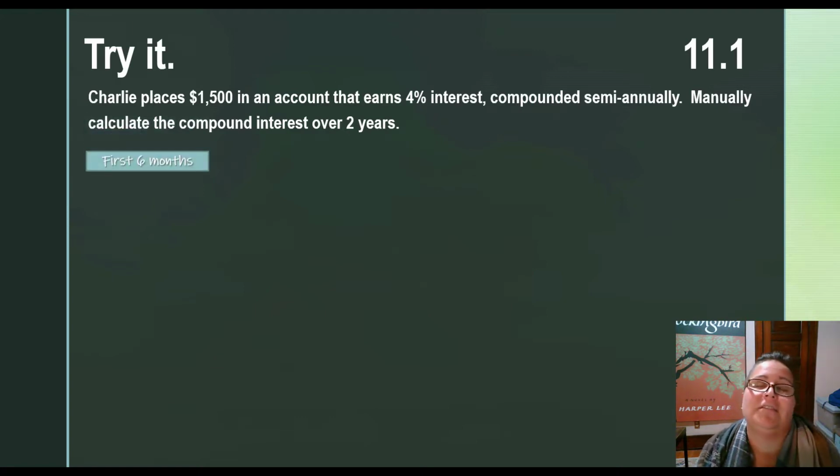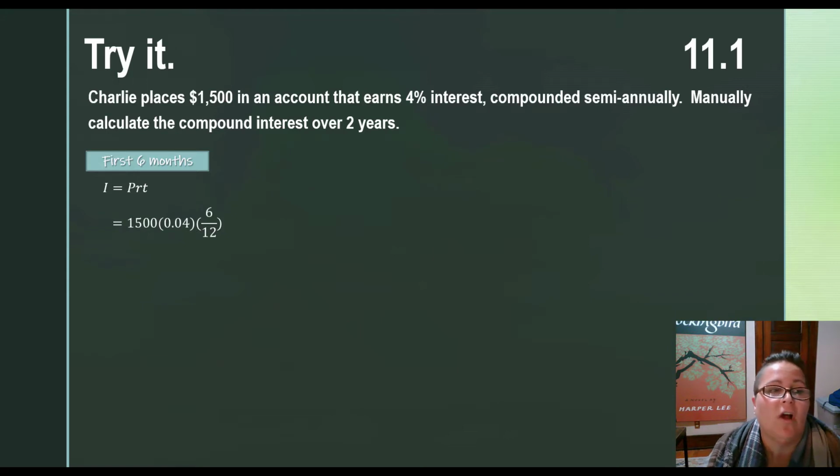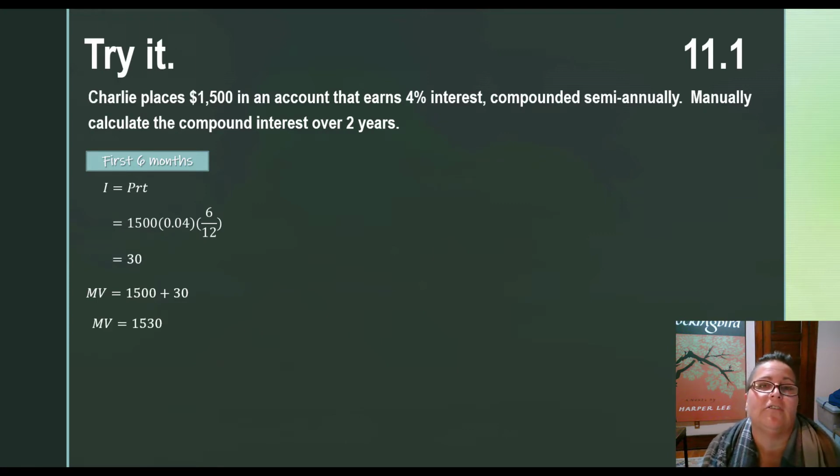So in the first 6 months, we're going to look at just interest as principal times rate times time. Our principal is the $1,500, our rate is 4%, and our time is the first 6 out of 12 months. This is $30. So those $30 are then going to be placed into the account. So our new value or maturity value of the account is the $1,500 plus 30, or $1,530.